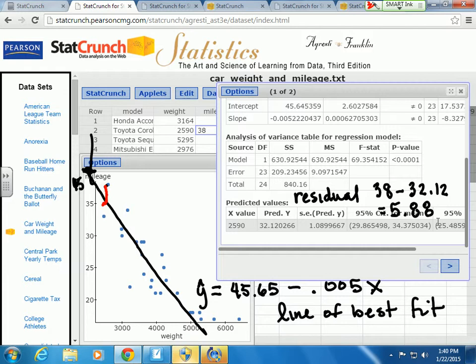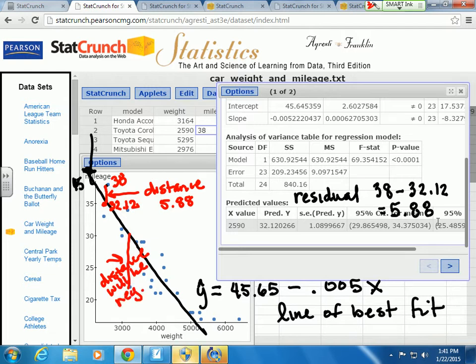My line is a little off because I drew it, but regardless, this point right here is 38, and the point on the line should be 32.12. Therefore, that distance between is the 5.88. The distance is below. All that means is that the distance will be negative because it's below the line.